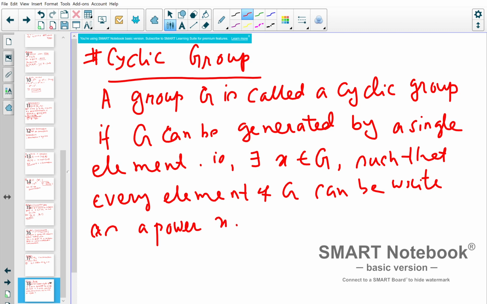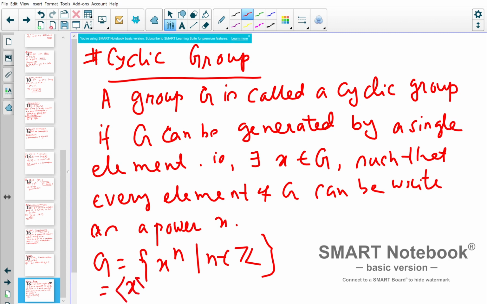So in other words, you can write G as x to the power n, where n is an integer. And this kind of group we write with this symbol. A group generated by a single element. This is the generator symbol.